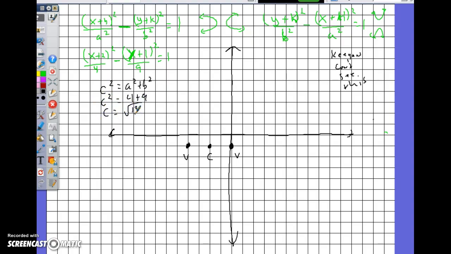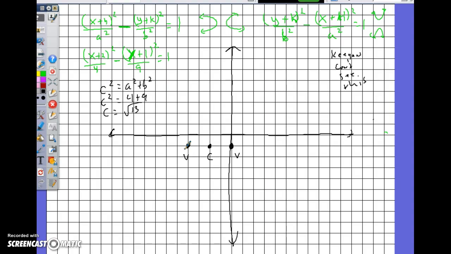Now, for this to be completely surrounding it, which way do I go? Up or down, or left or right, Keegan? If I go up and down with my foci, you said the curve's this way. Is it going around my foci? Remember, the foci by definition is what we're going around, right? And so it's going to be left and right. Does that make sense? So my foci would be root 13 this way.